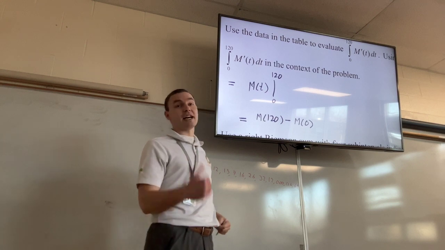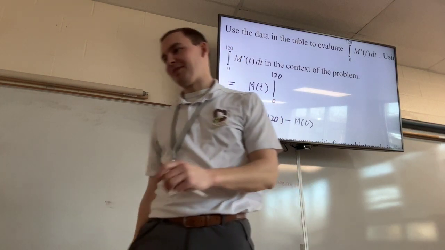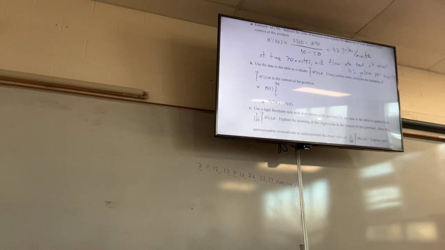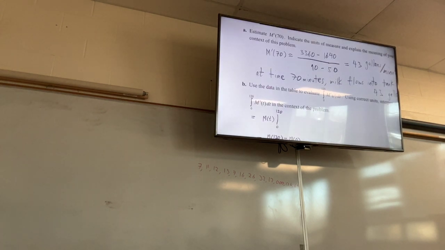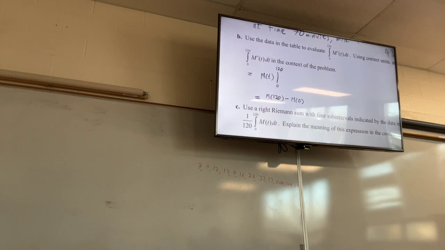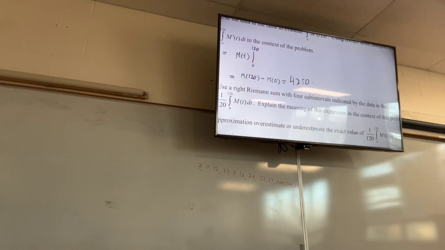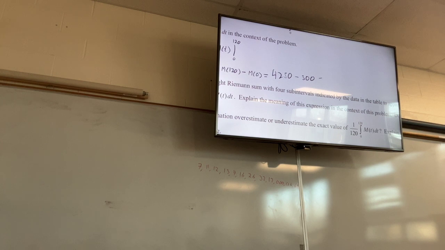So the antiderivative of M prime is just M. So M of 120 is 4250 minus 300. You start off with 300 gallons. So what is that, 3950?